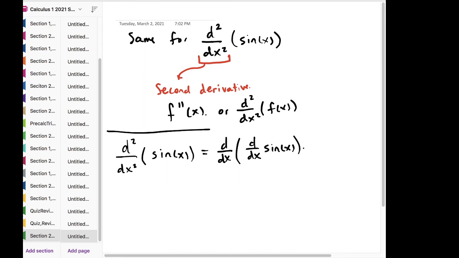Right? So what's the derivative of sine of x? It's cosine. And then what's the derivative of cosine? It's negative sine. Questions about that? Okay, so let's do tangent line.